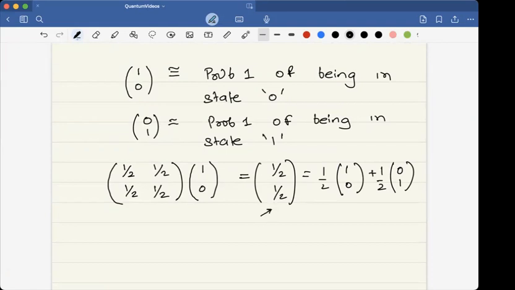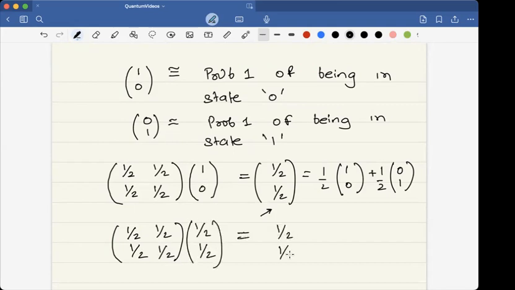If I do it one more time, going to the second beam splitter, I apply this matrix again and again get half, half. So you see that the probability of observing at detector 0 is equal to half, and the probability of observing at detector 1 is also equal to half.